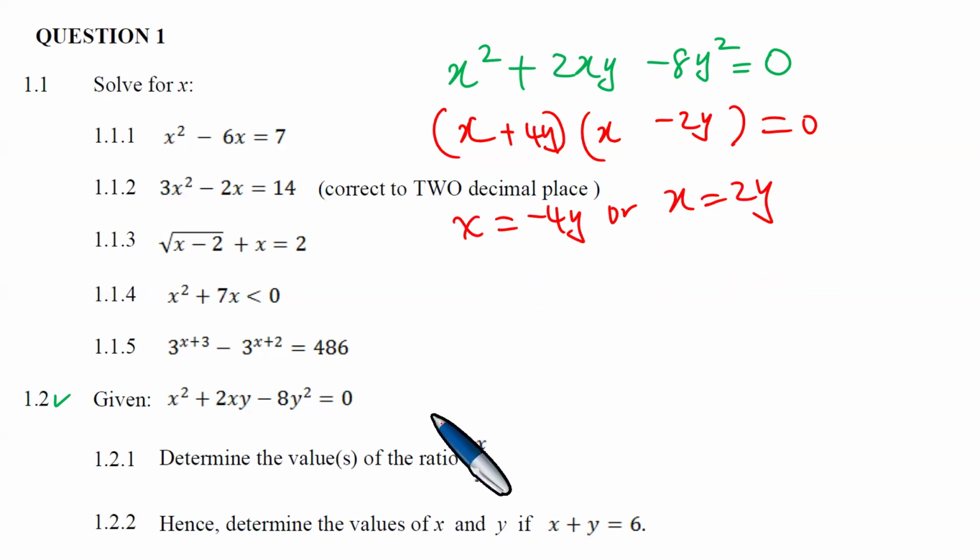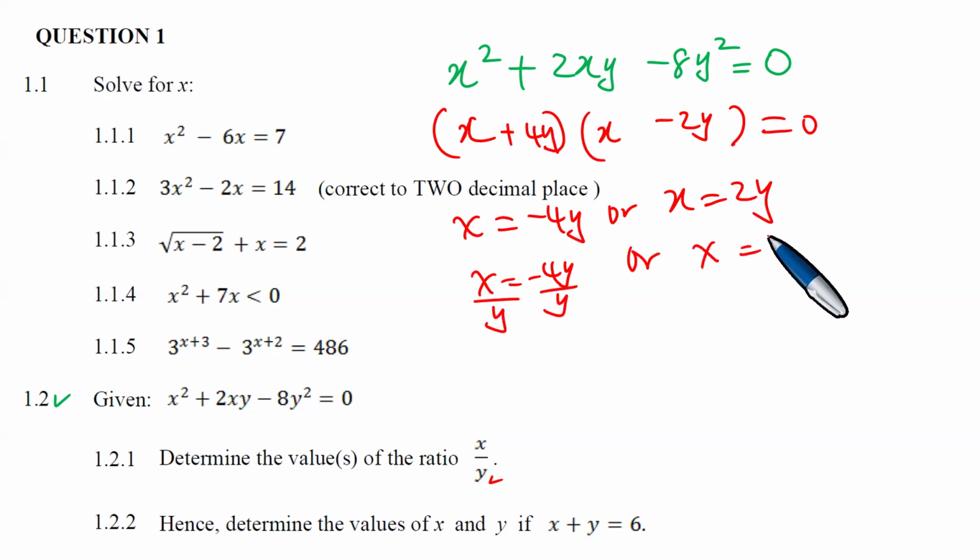Next, what do we do? Remember that we must just divide both sides by y, because you must have x over y. For x equals minus 4y, you divide the right by y and this one by y.